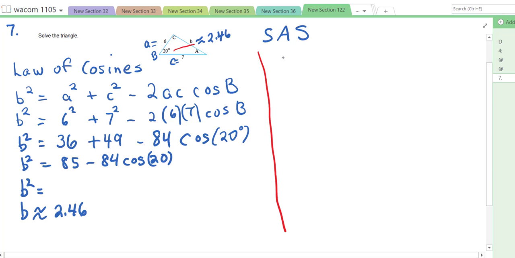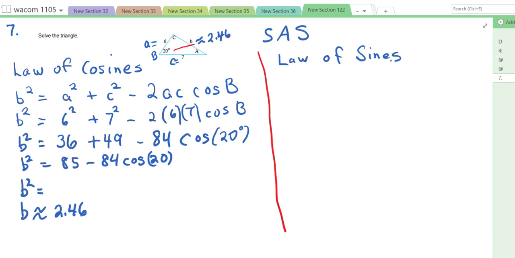So I'll switch over to law of sines because it's just a little easier to use. I'll use that complete pair, and I'll go for the smaller one, which should be the angle A.